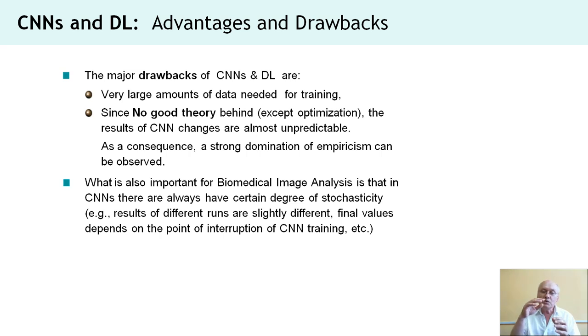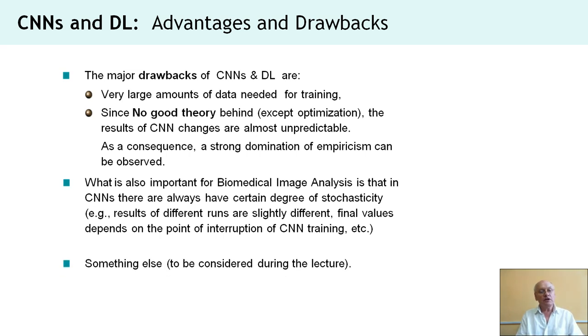The variation could be small, but it could be not. It's not good, because in one training you can get one result, in another one you can get slightly different results. So the question then is, what is the truth? What is the true result? That's another drawback. It's not very important right now, but it still exists. There are some other problems, but we will consider them later on.